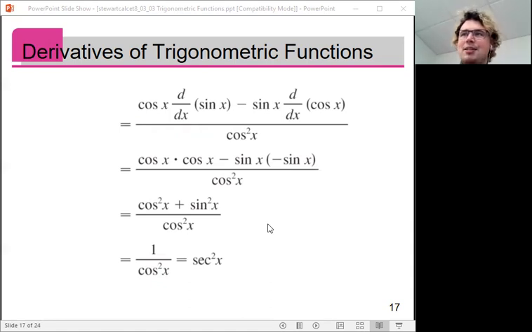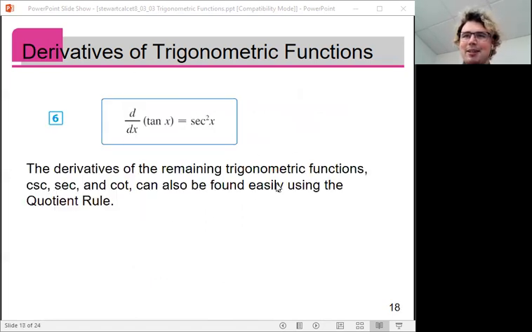Now, since secant of x is 1 divided by a cosine function, then 1 divided by cosine squared of x has to be secant squared of x. This gives us our derivative for the tangent function. The derivative of the tangent function is secant squared of x. Here it is as a formula.